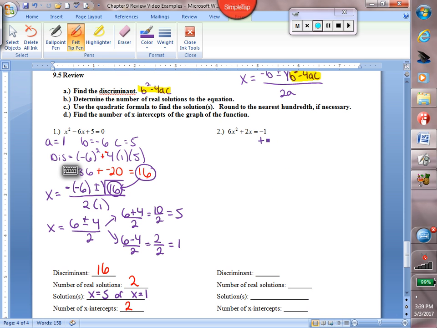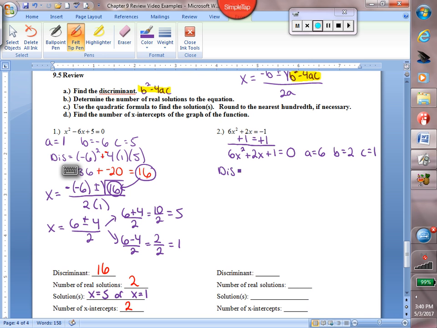So to make that happen, we have to move the -1 from the right over to the left. Then I write my squared term first, then my term with x, then my 1 equals 0. Now I can pick out a, b, and c.